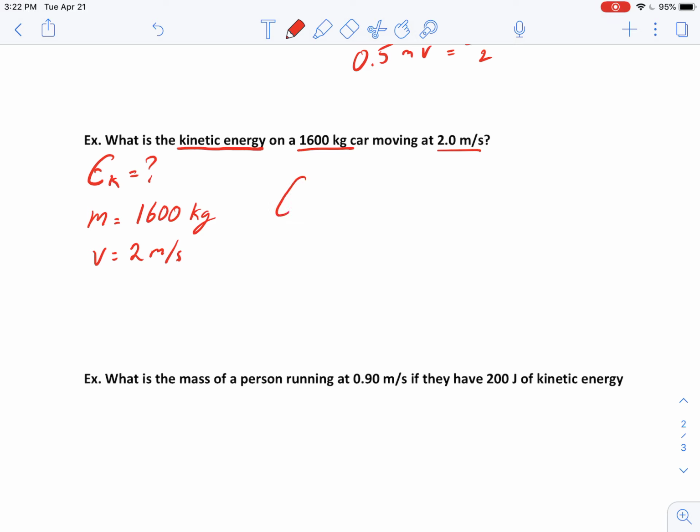Well, our formula is EK is equal to mv squared over 2, which is 1600 times 2 squared divided by 2, and that's going to equal 3200 joules.